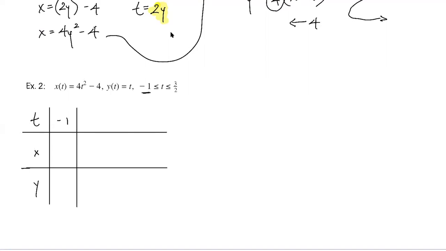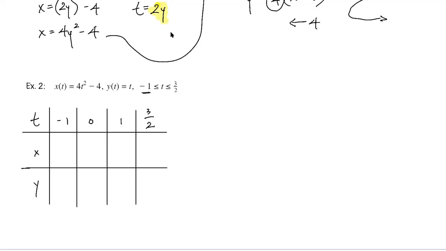And I'm going to count by the same amount that I counted in the previous example, so I'm going to count by ones. So I've got -1, 0, 1, and then I'll finish off with 3/2.